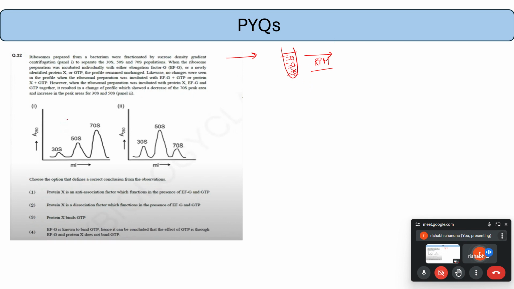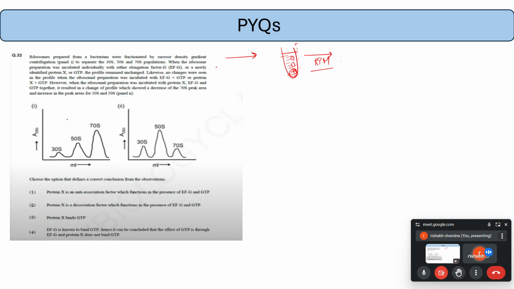The lowest one will have the highest density, followed by the descending order. Now, this is how the ribosomes are separated, to separate the 30S, 50S, and 70S population of the ribosome.